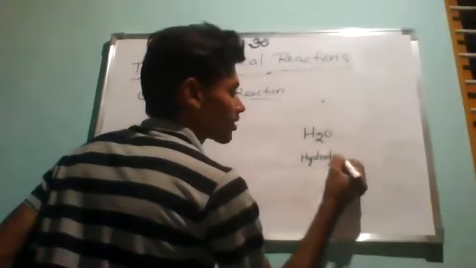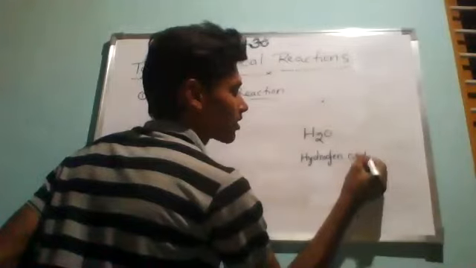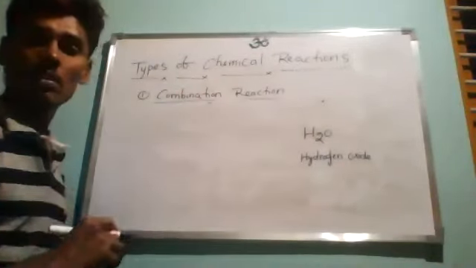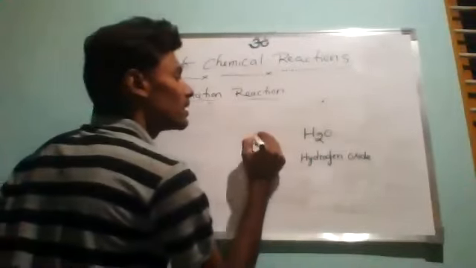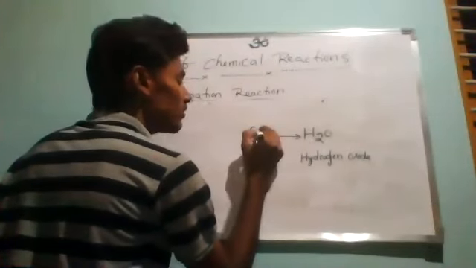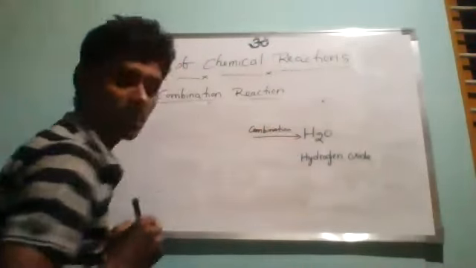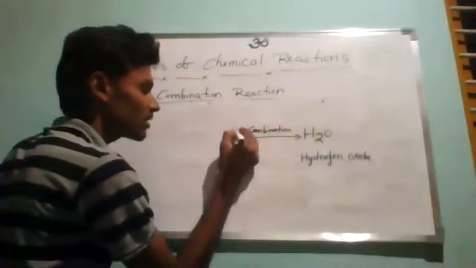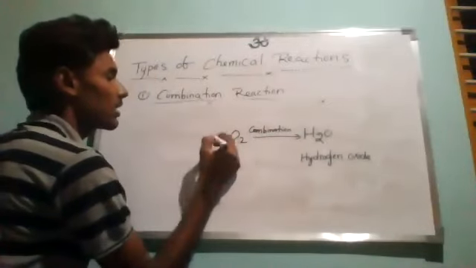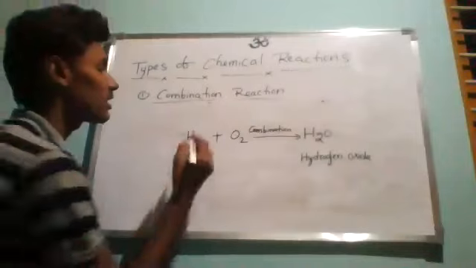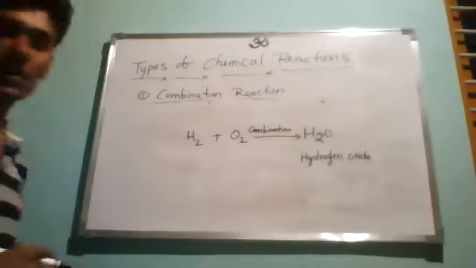Water forms by the combination of two elements. One of the substances is oxygen, and the other substance involved in the formation of water is hydrogen. Understood?